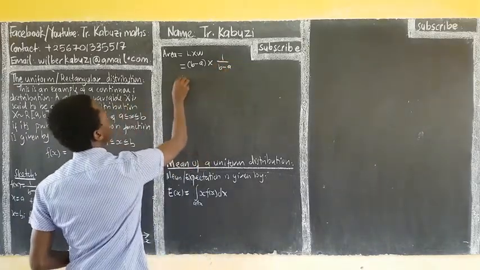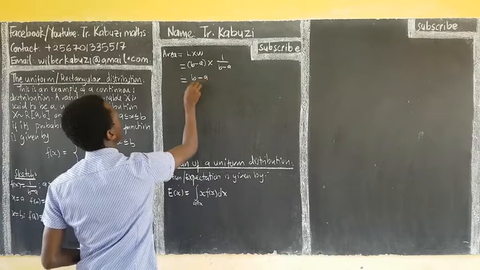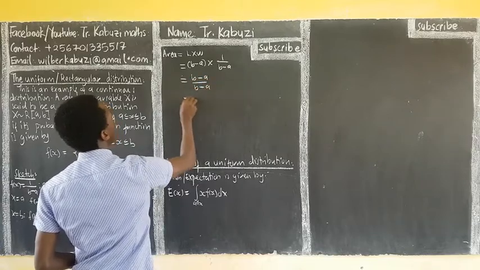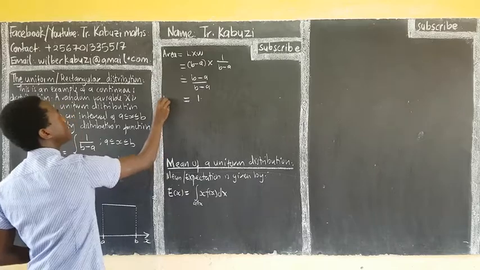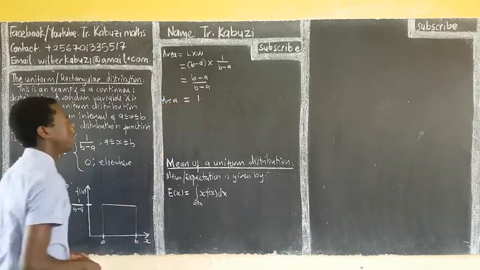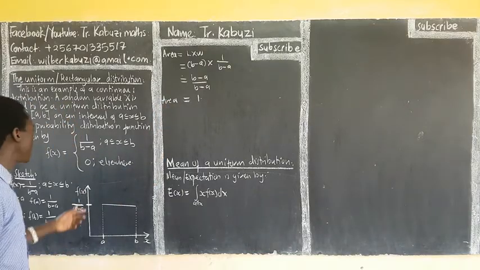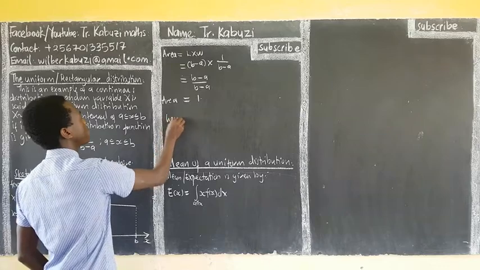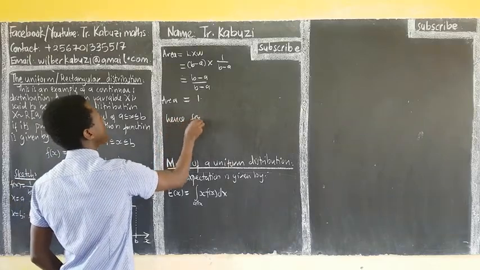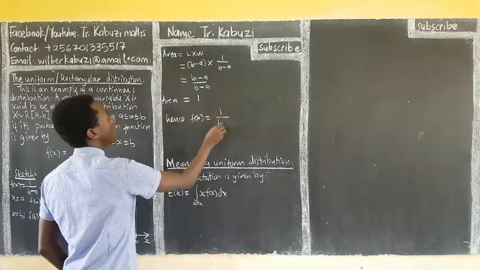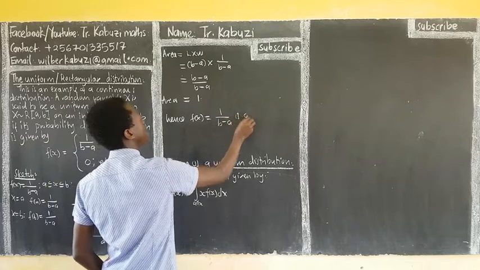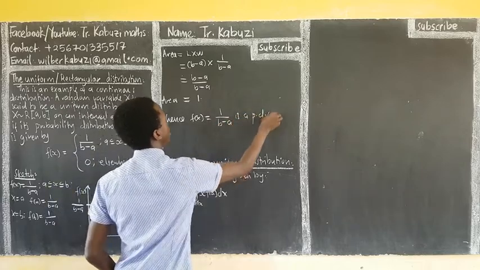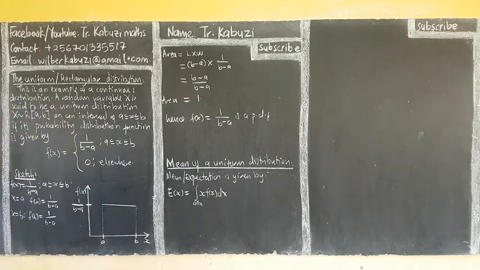If I multiply this, I get b minus a over b minus a, which is 1. So since the area under this curve is 1, f of x equal to 1 over b minus a is a PDF.